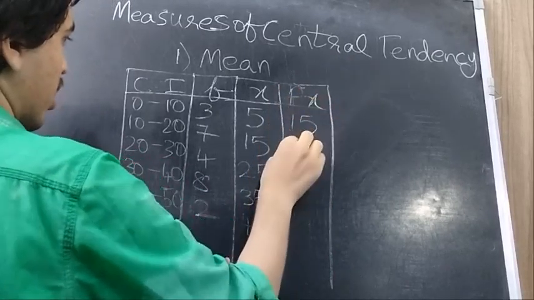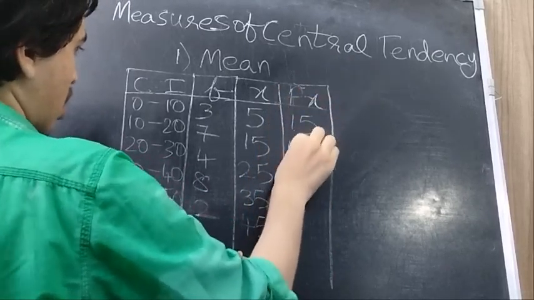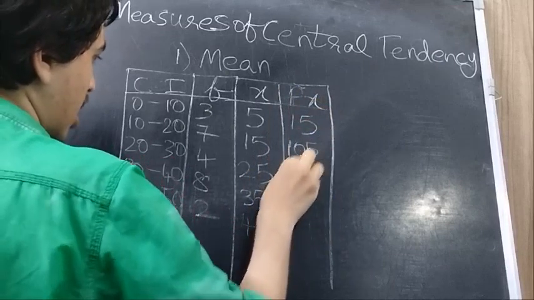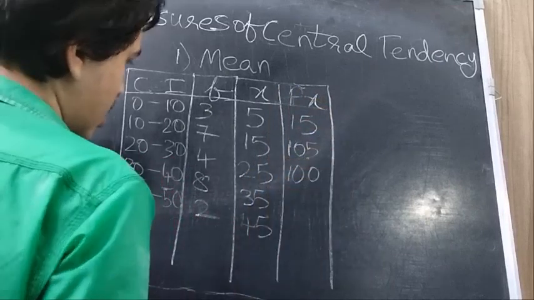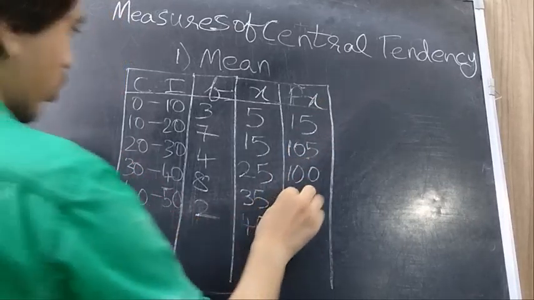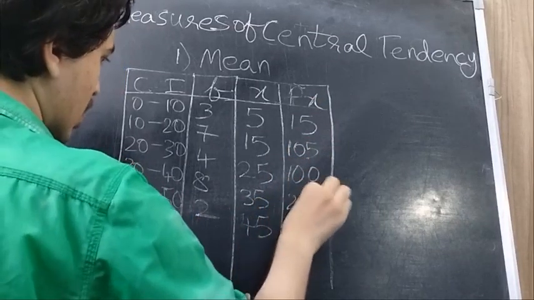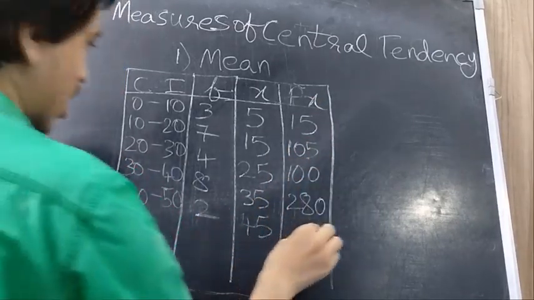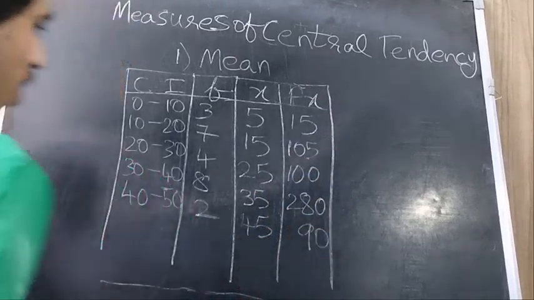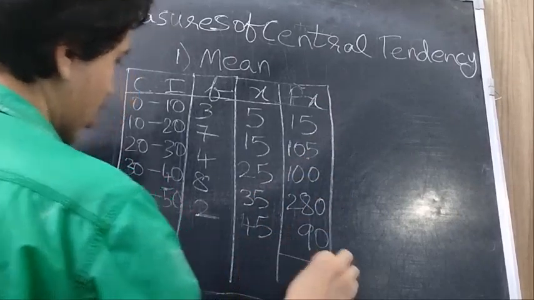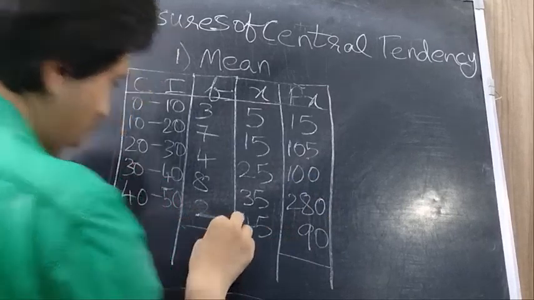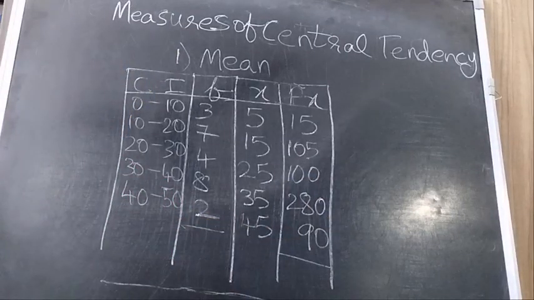What will come? 15, 105 and here 100 and it is 280 and here it is 90. Now again we have to add all these terms and add all the f terms and again substitute in the formula.